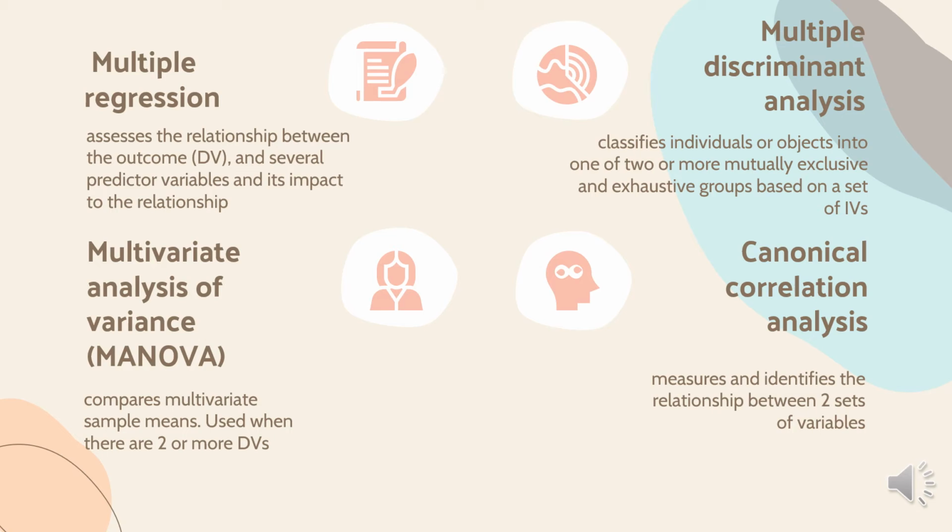And lastly, we have canonical correlation analysis. This technique is used to measure the relationship among two sets of variables, almost the same as multiple regression, but in canonical correlation analysis, there are multiple intercorrelated outcome variables. So for example, there is data collected on 3 psychological variables and then 4 academic variables.